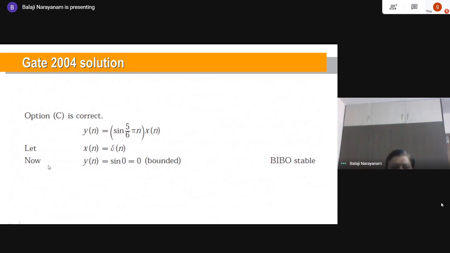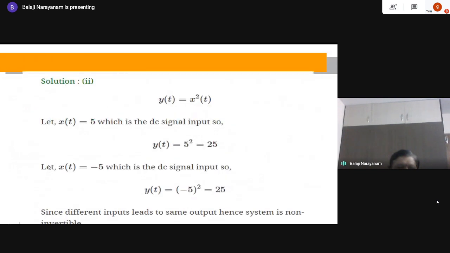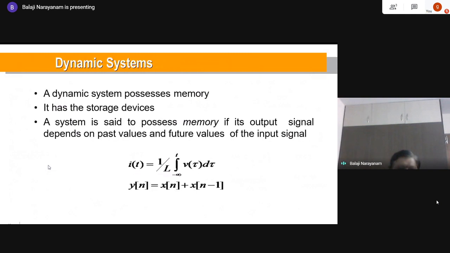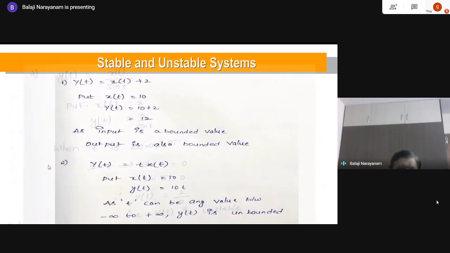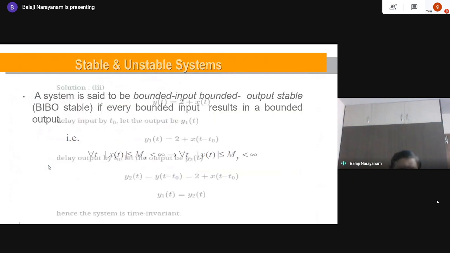So now this completes our session with previous GATE questions being answered. In today's session we discussed system classification, whether the given system is static, dynamic, linear, non-linear, and then causal, non-causal.